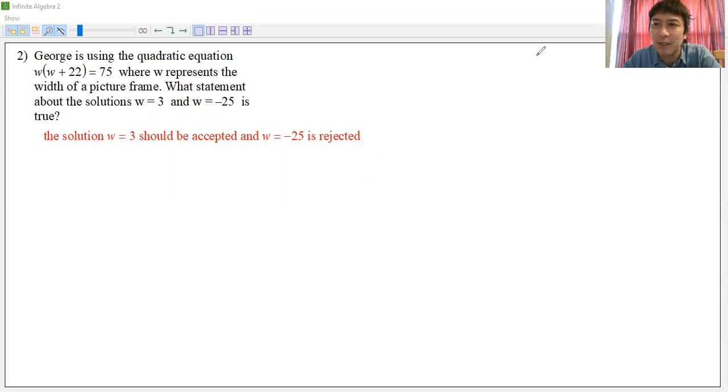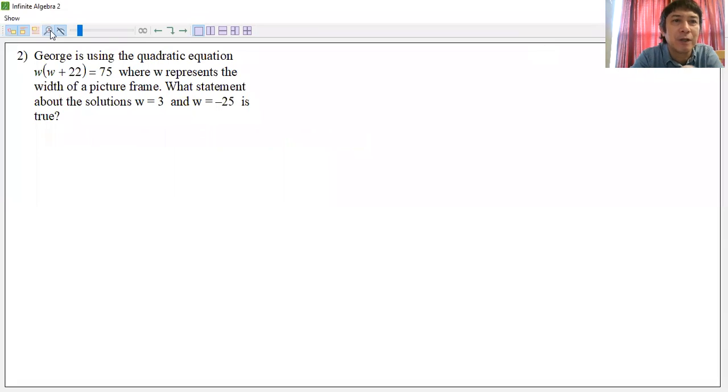Only the positive must be accepted. It's a physical quantity, say the size of a picture frame. The dimensions there must be positive values. So that goes to our second number. Let's continue with the next. Let's have the third.